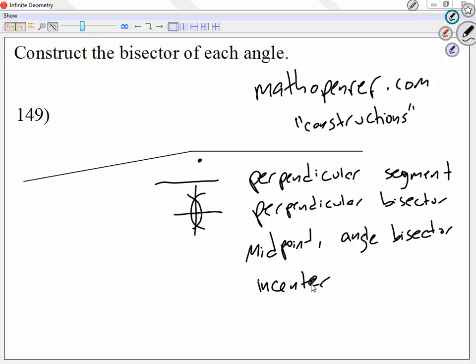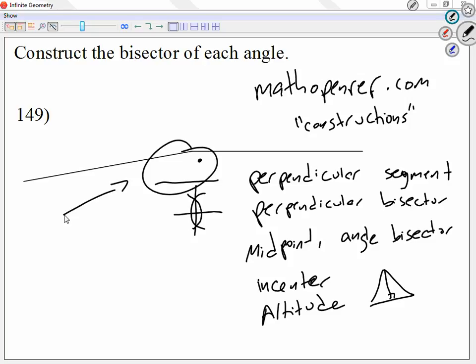We cut each angle in half, and then where two of those intersections met, that was the incenter. Also, make sure you know how to do an altitude. If you have a triangle, it's 90 degrees through the point, which kind of looks like this question. But a point outside, you can cross it at 90 degrees. Like I said, it looks like the first one.